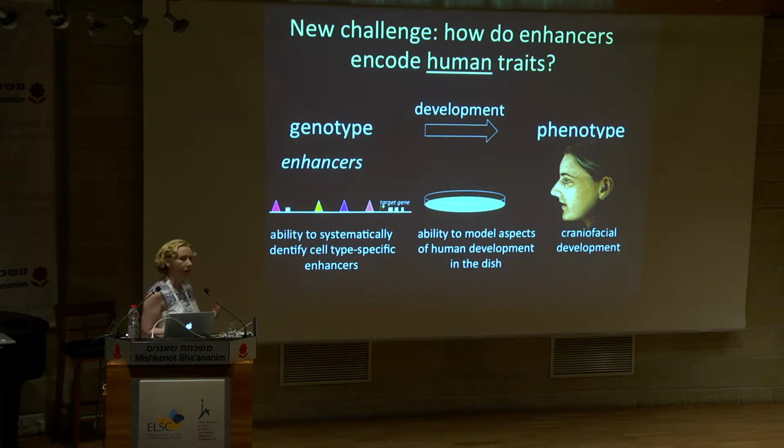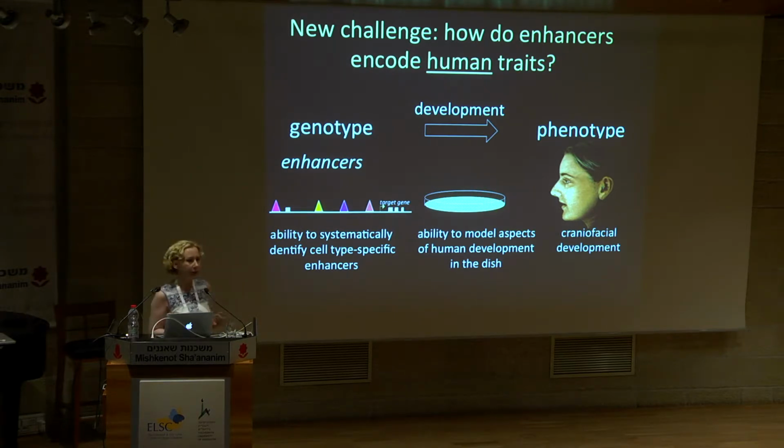Second, through in vitro modeling, in vitro differentiation, organoid models that we already heard about today, we can finally model some aspects of human development in the dish. And while these in vitro models, of course, have their own limitations, nonetheless, through follow-up studies, we and others have been able to convince ourselves that these models can nevertheless be very useful tools for understanding complex human phenotypes.